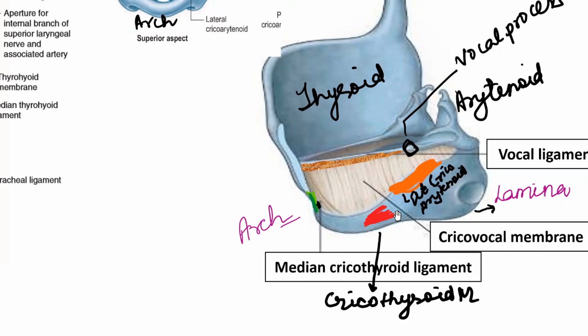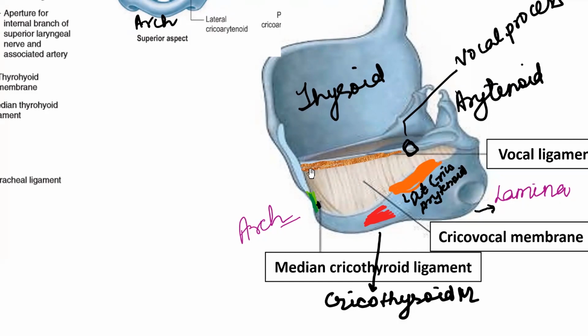These two muscles join the cricoid cartilage superiorly to the thyroid cartilage as well as posteriorly to the arytenoid cartilage. On the outer surface we can also see a facet on the cricoid cartilage, for articulation with the inferior cornua of the thyroid cartilage. Along the superior border of the arch, the cricovocal membrane is attached.